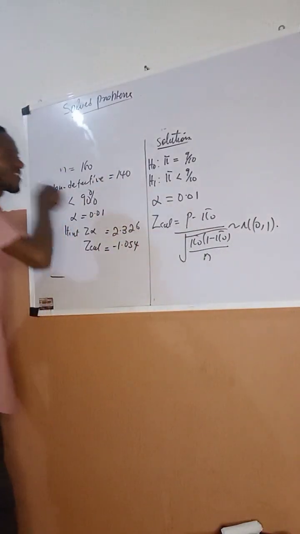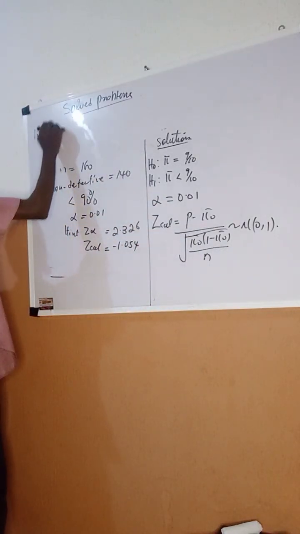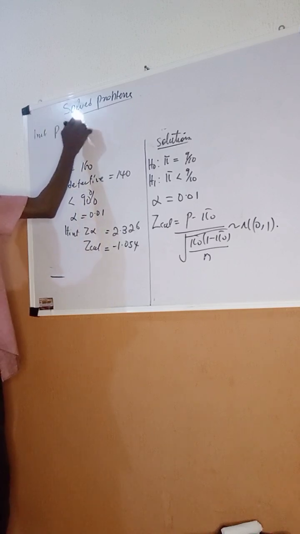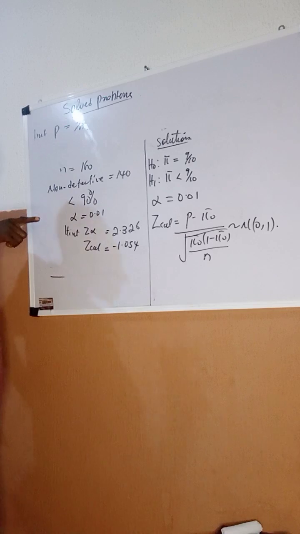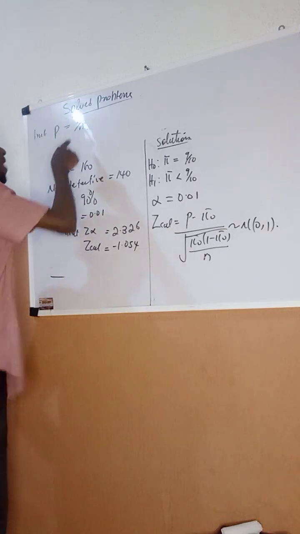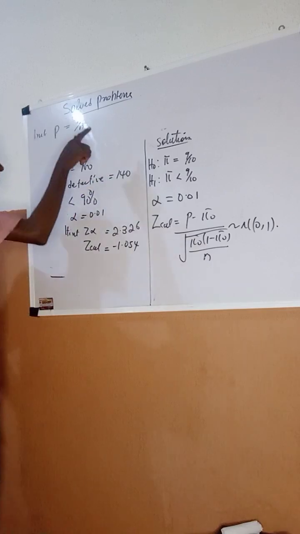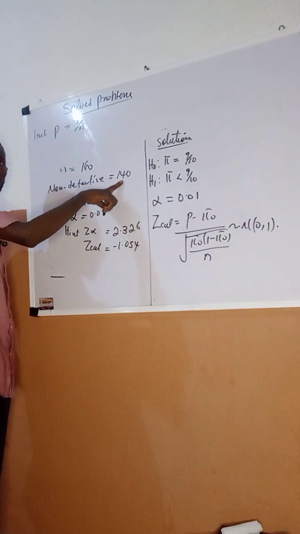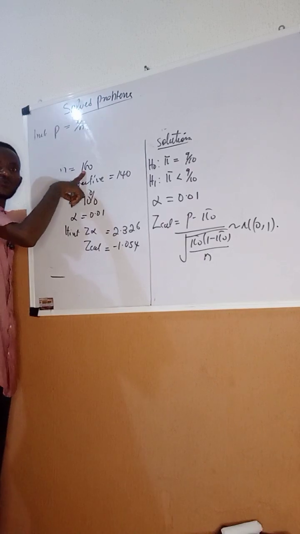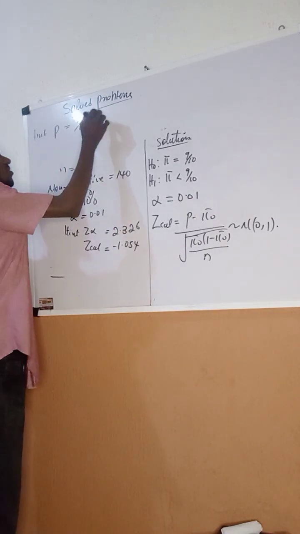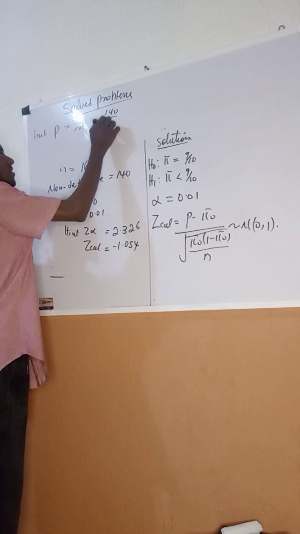So I want to obtain the value of p. My p equals x over n, where in this context x stands for the non-defective items, while n stands for the sample size. The number of non-defective items is 140 and the sample size is 160. So this becomes 140 over 160.